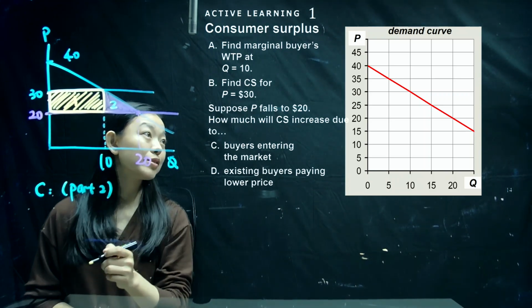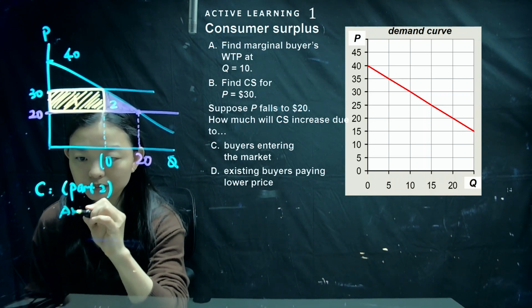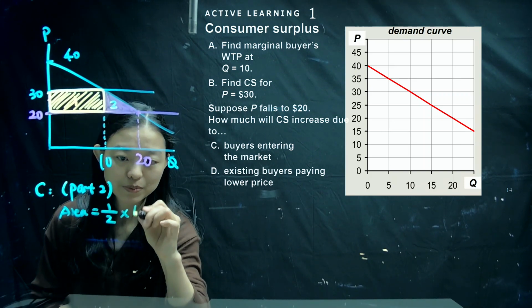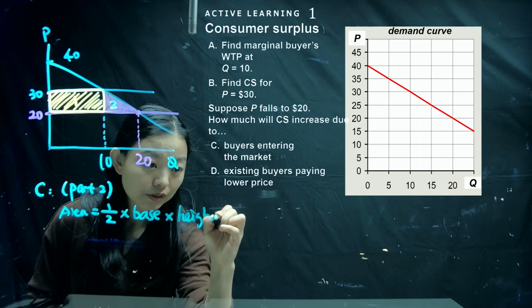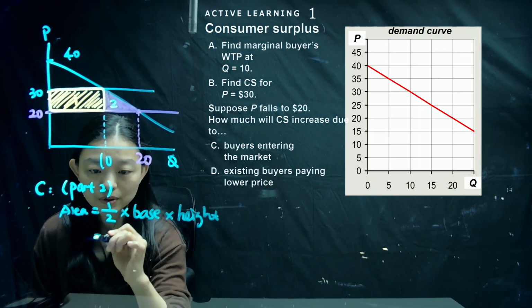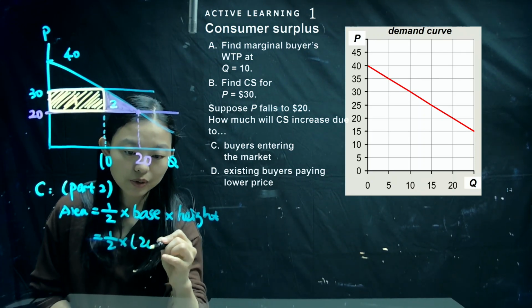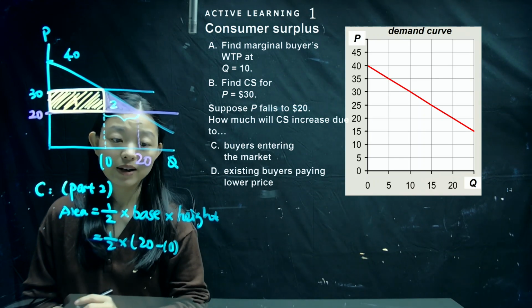how to get part two's area? The area will equal one half times base times height, which will just equal half times the base. We'll be using 20 units subtract 10 units to get the base, right? And then how about the height?